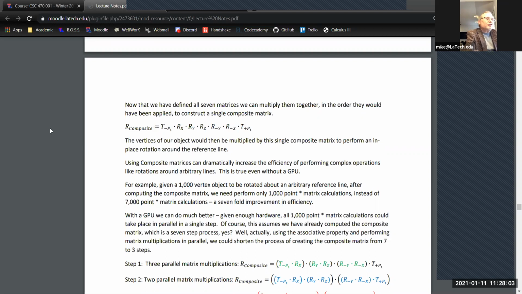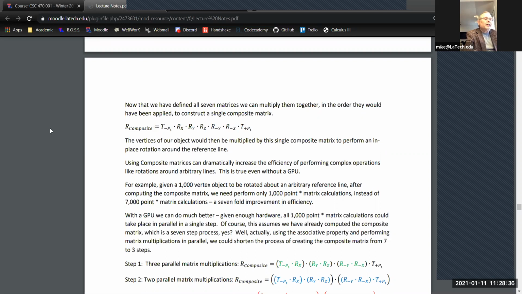So the first translation, which is T minus P1, times the rotation in X times the rotation in Y times the rotation in Z times the rotation in minus Y times the rotation in minus X times the translate in plus P1. So that's the whole little pipeline there. So what I can do is I can multiply all those together. And once I do that, I now have one matrix.